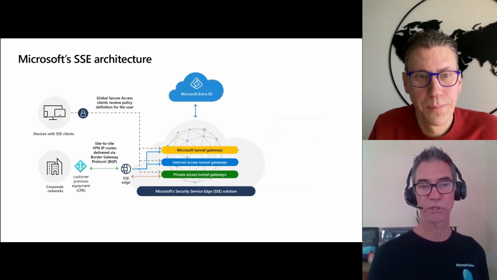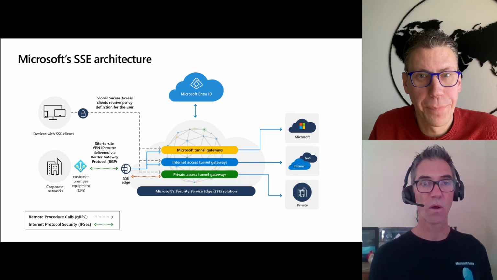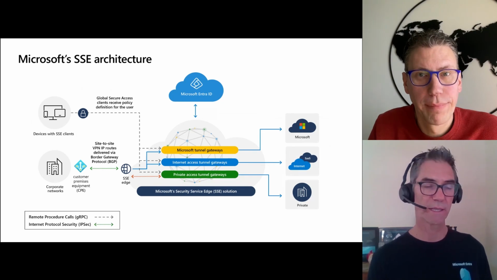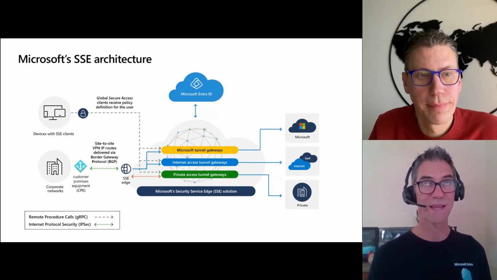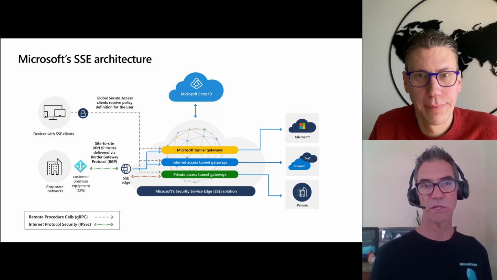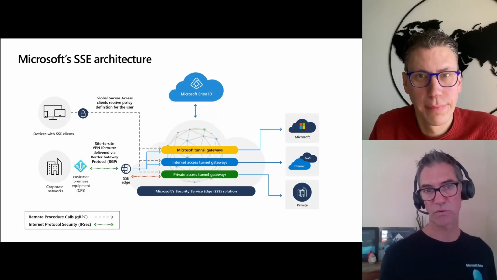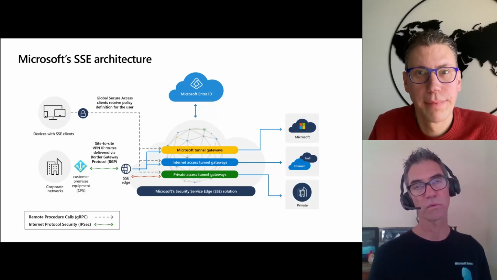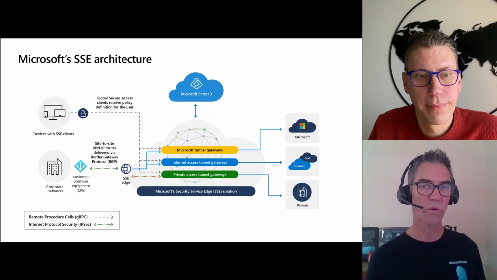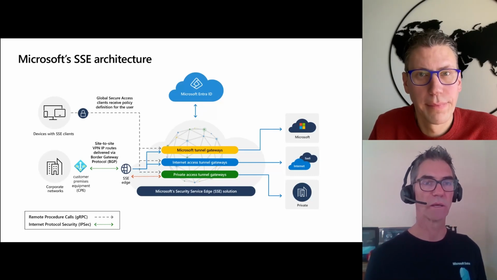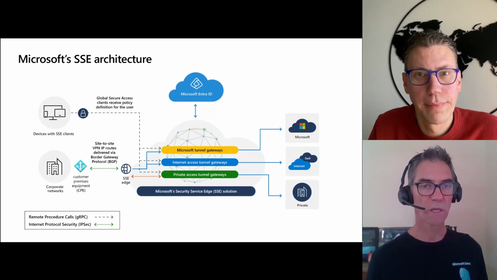This slide just illustrates how the SSE, or Secure Service Edge, is essentially creating secure tunnels to access those resources. And so you'll see in Global Secure Access, we've got 3 tunnels.